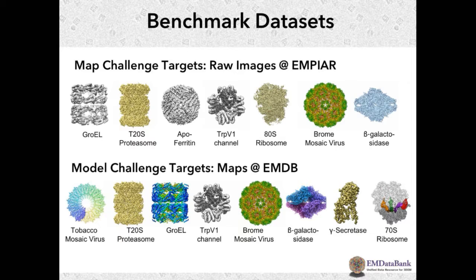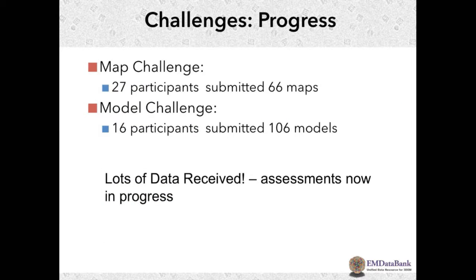So we finished both challenges, or at least the challenge phases of these challenges, last year, in 2016, and we managed to get 66 maps total from 27 participants for the map challenge, and 106 models from 16 participants in the model challenge.